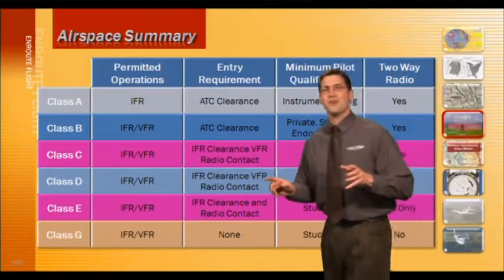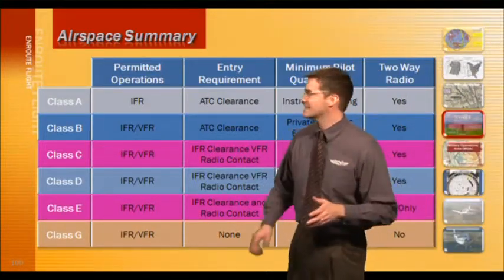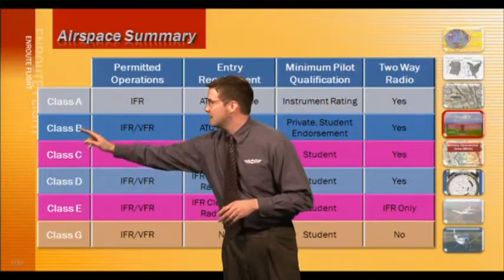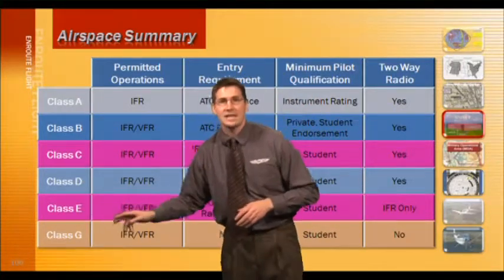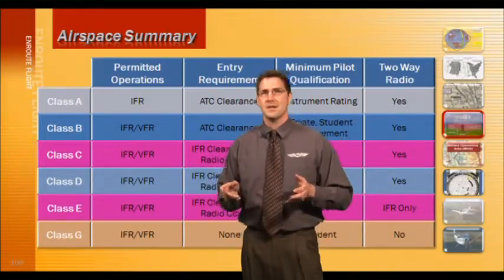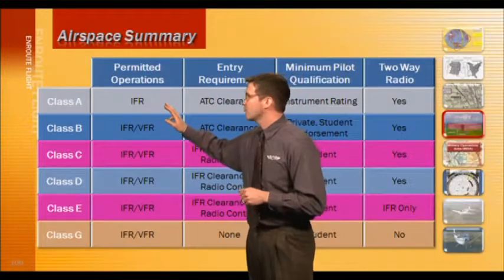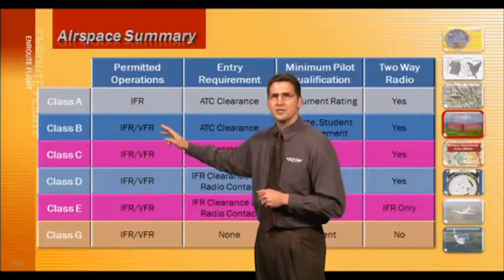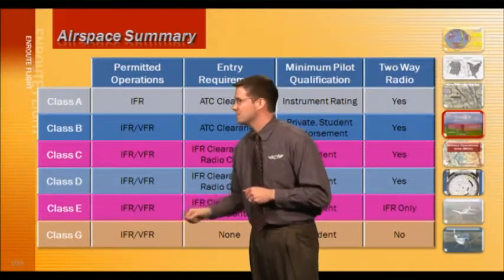Now let's review the various airspace categories that we discussed in this table shown here. First of all, we have Class A, B, C, D, E, and G airspace. Remember, Class F isn't used in the United States. Now, only IFR operations are permitted in Class A airspace, and both VFR and IFR operations are allowed in all other types of airspace.